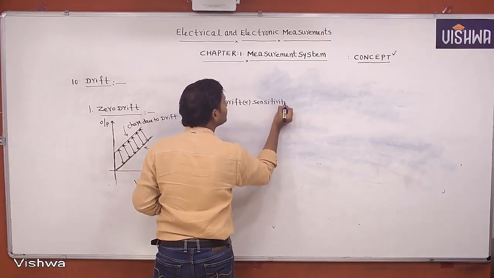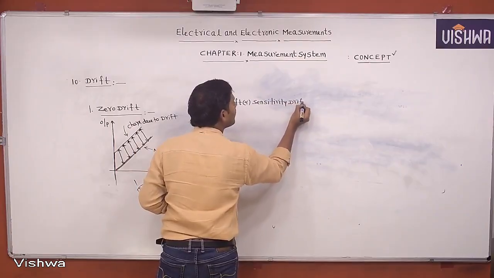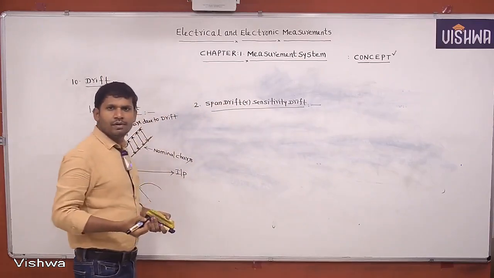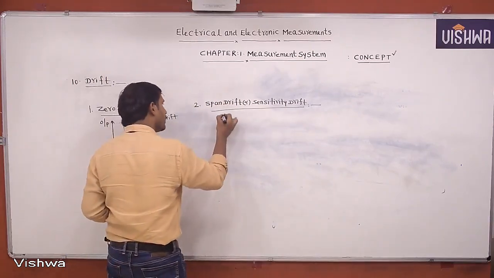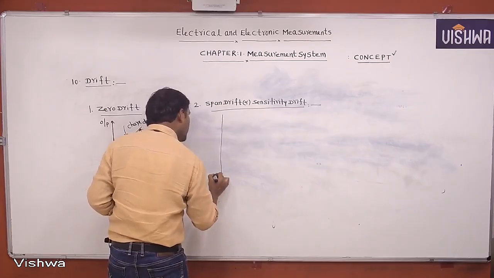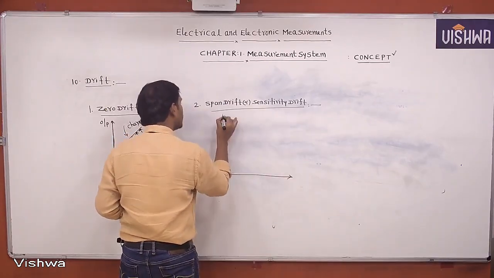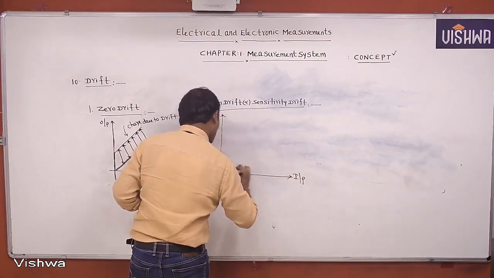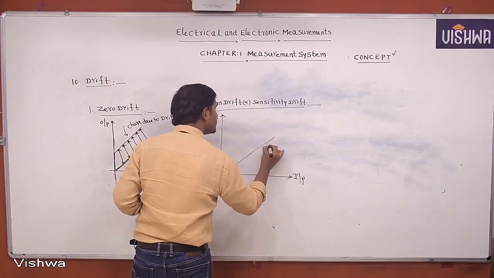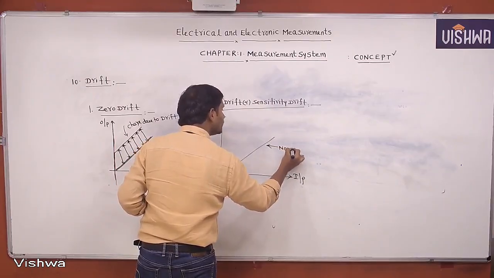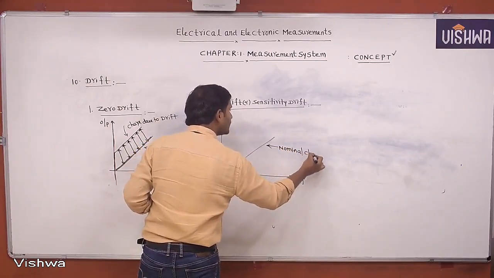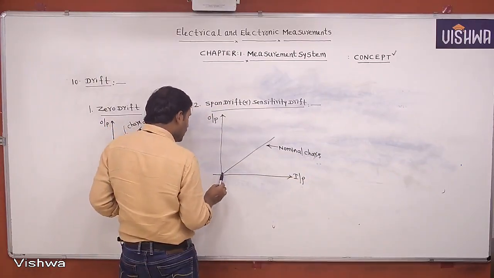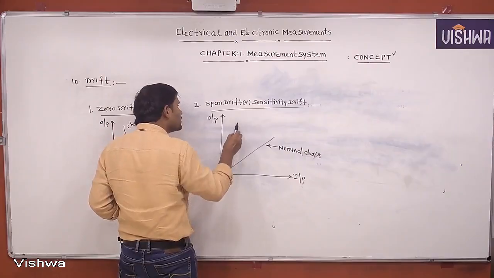In any instrument, if you draw the characteristics between output and input, these are the nominal characteristics, and these are the characteristics due to drift.